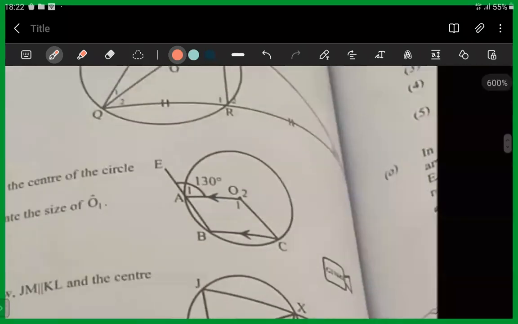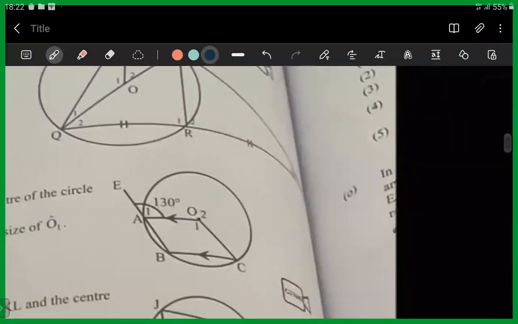For this one, don't get confused. This is not a cyclic quad, because not all the points are on the circle. But you can still use the fact that these are parallel. As long as those are parallel, you have this as 180, as 130 also. And if this is 130, remember that the angle at the center is double the one at the circumference.